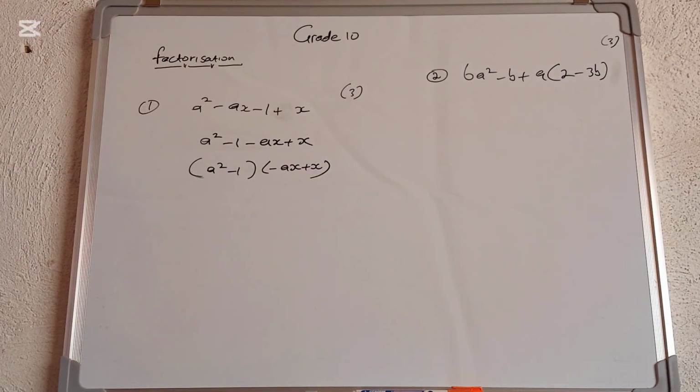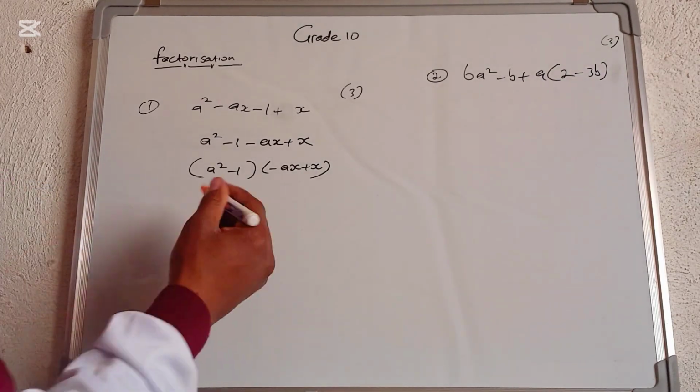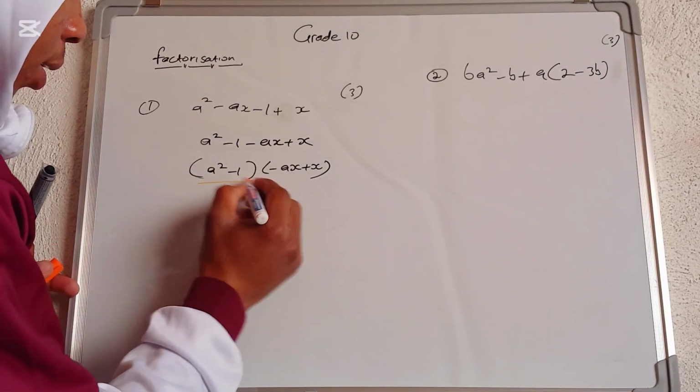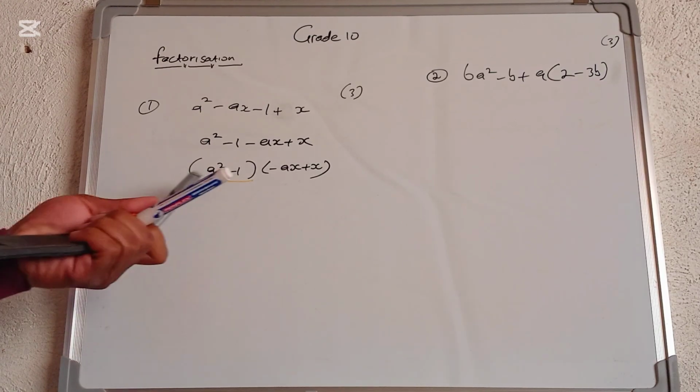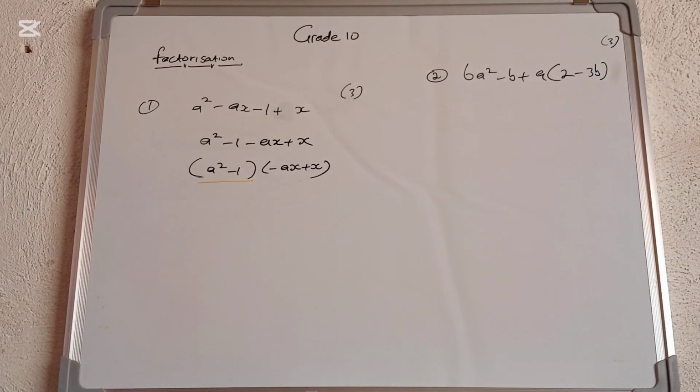After you have grouped your equation like that, you are going to take out a common factor and also factorize. This term here needs to be factorized for you to have the final answer, because when it's like that, you cannot take out the common factor.